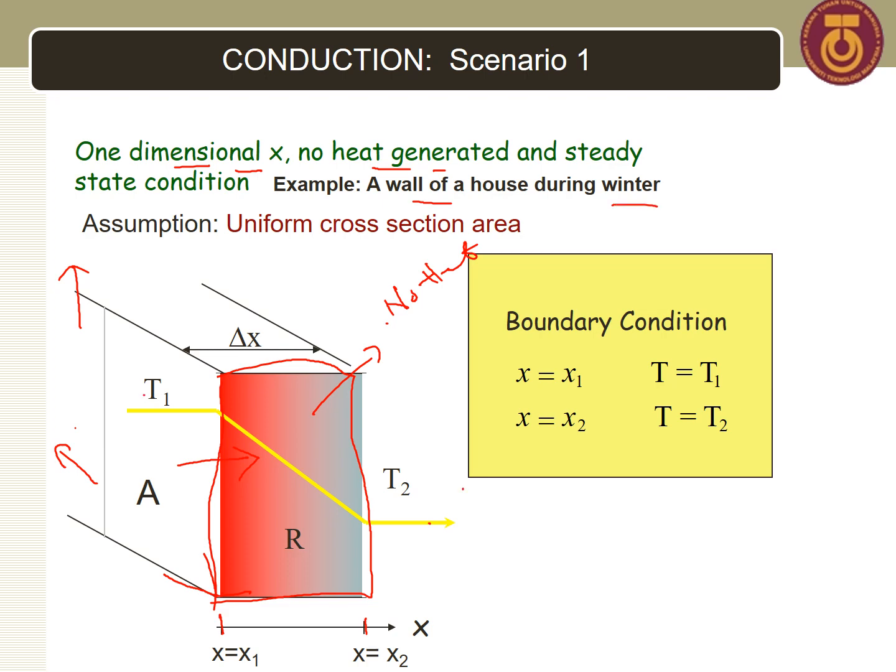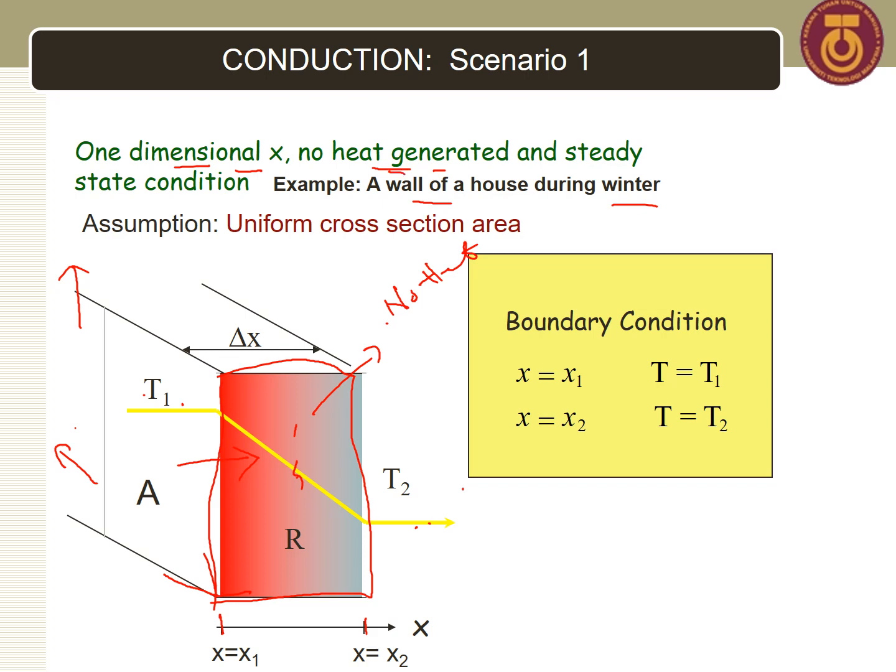So we know heat will be lost from the house, from the inner wall to the outer wall. When we say no heat generated, it means there is no heater within this wall. So that's why there is no heat generation.